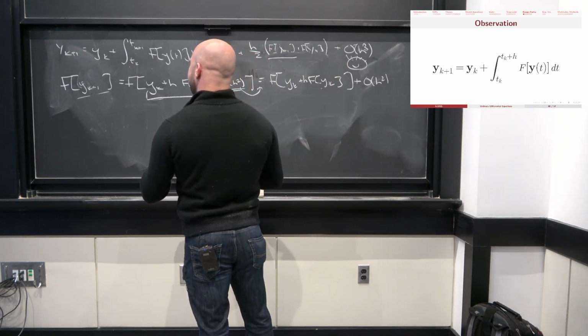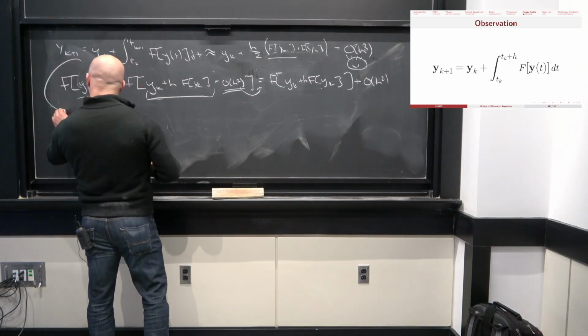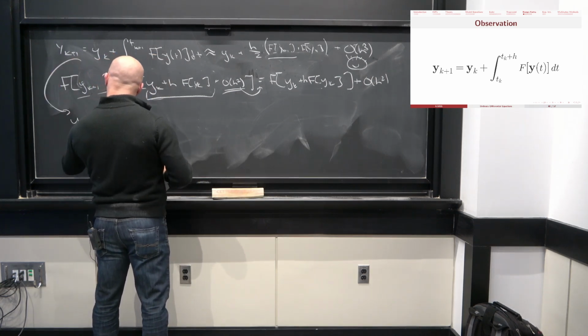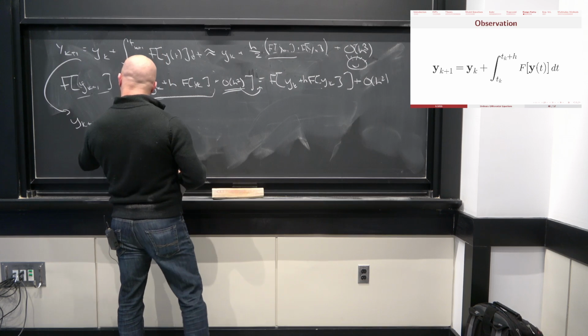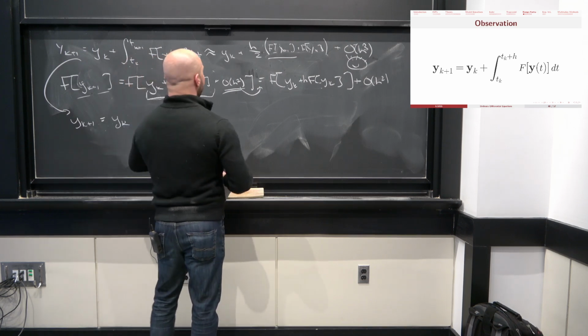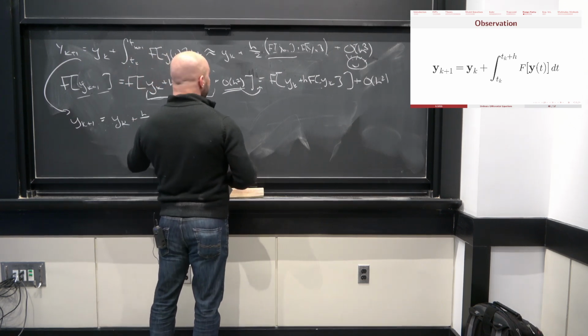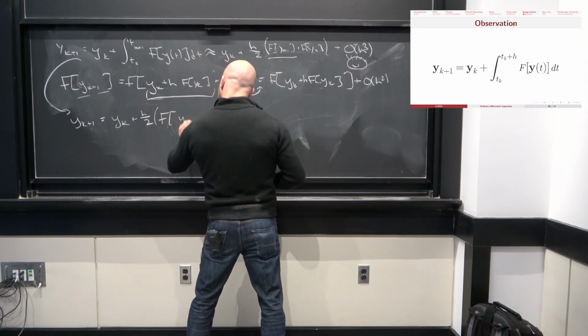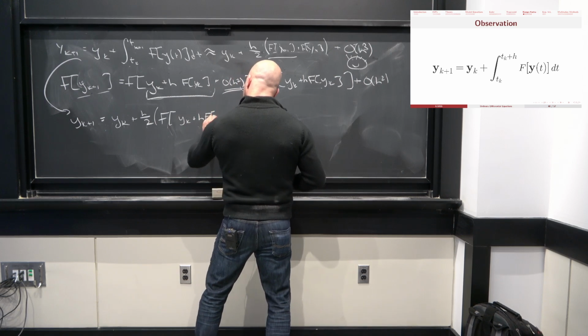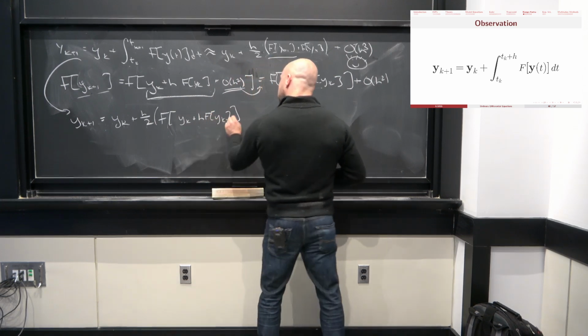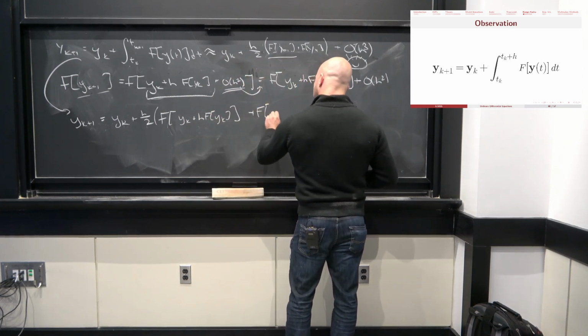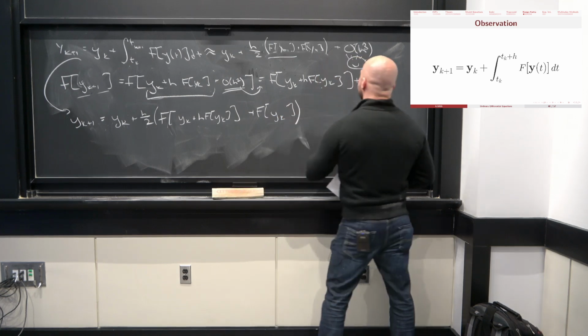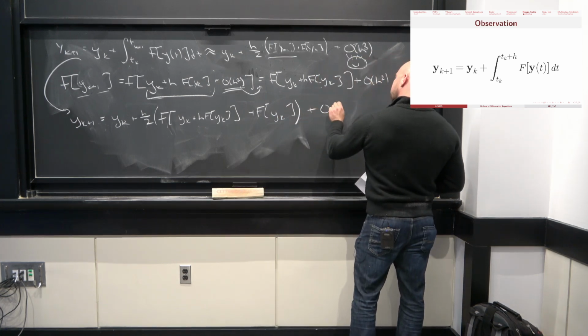So at the end of the day, what I get is yk plus 1 is equal to yk plus h over 2 times f of yk plus f of yk plus hf of yk, like that, plus order h cubed.